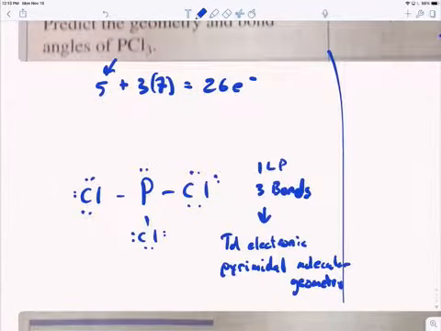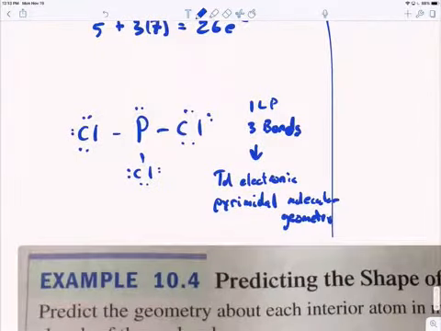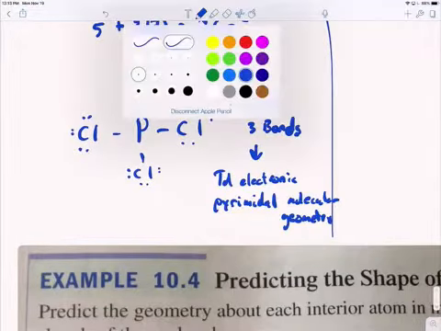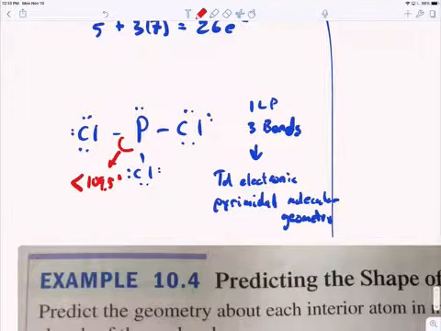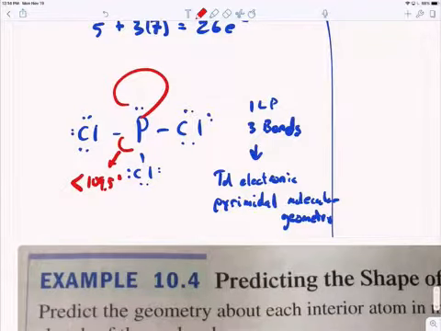So it's pyramidal, which means that these angles here should be less than 109.5 degrees. The reason being, the perfect tetrahedron is 109.5 degrees, but because there's this big region of negative charge, it's going to move it in a little bit.